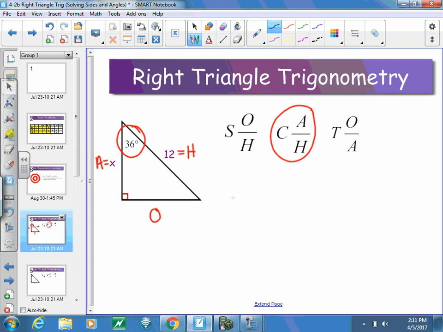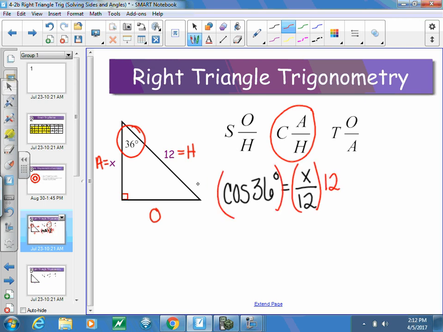To set this up, we would take the cosine of our angle of 36 degrees, and that would be equal to the adjacent side, which is x, over the hypotenuse, which would be 12. Solving for x, since I'm dividing by 12 here, to get rid of that, I would multiply both sides of my equation by 12, and that would give us that x is equal to 12 times the cosine of 36 degrees.